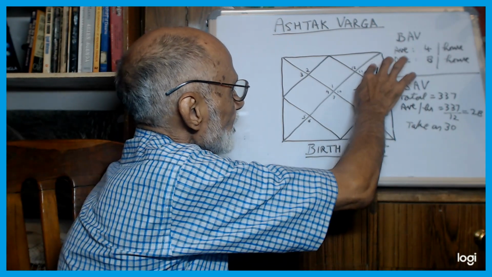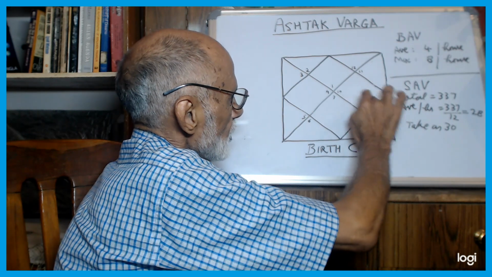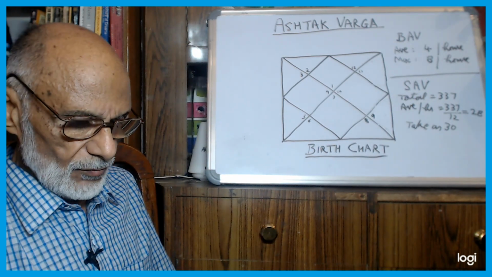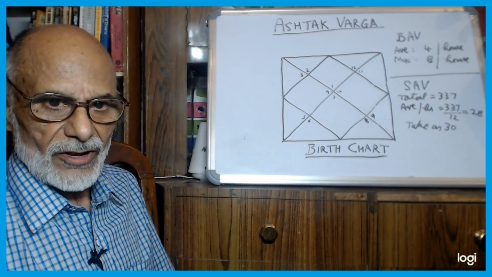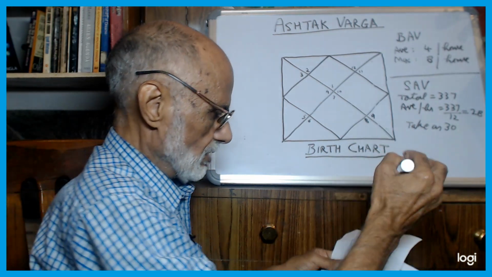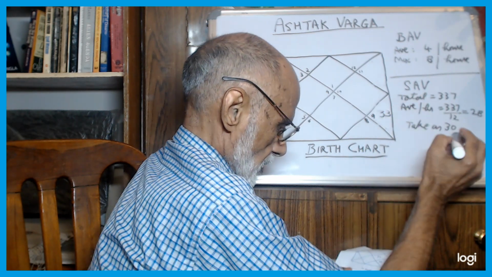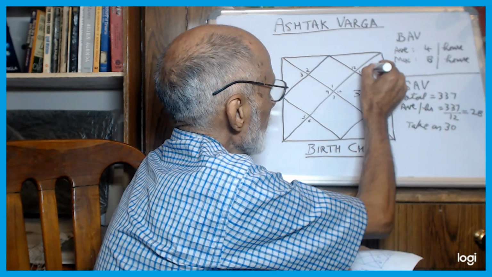Now let us take, as a last example for this video, the chart of our present Prime Minister, Mr. Narendra Modi, and in his chart he has 33 points here, 34 here, and 41 here.